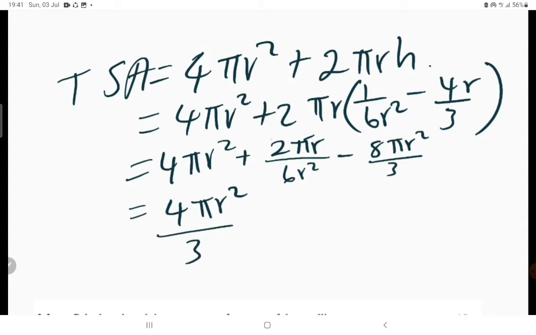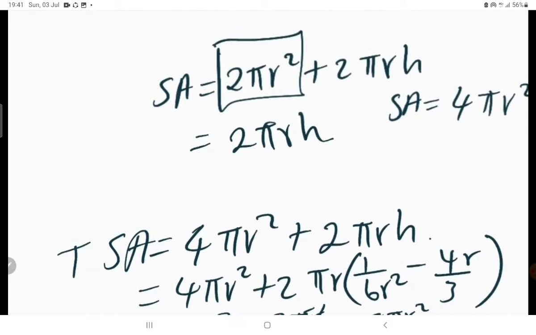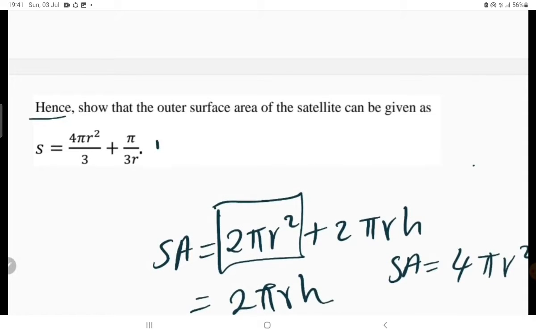Then for this one, if we simplify, we get 1 over 3. Here we cancel that one, and we end up having just pi up there, over r, because we are left with this r over there. So this is our surface area. We have shown that it is equal to just that.